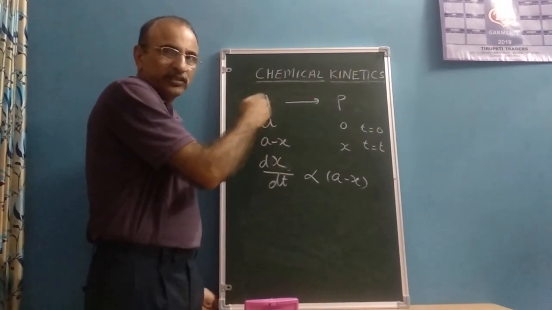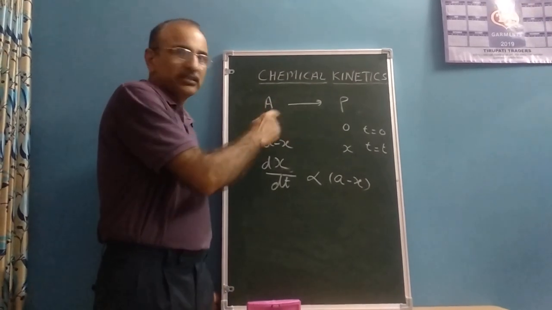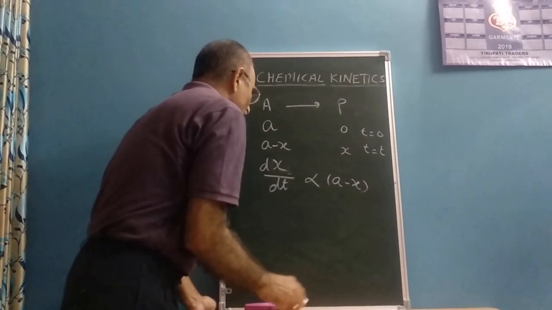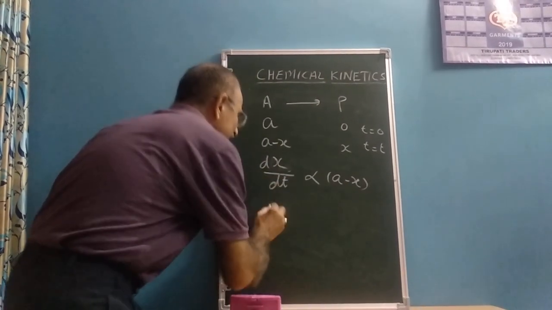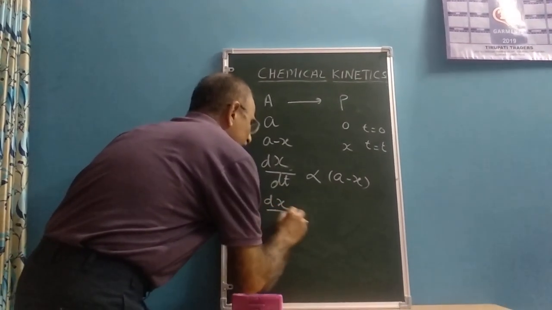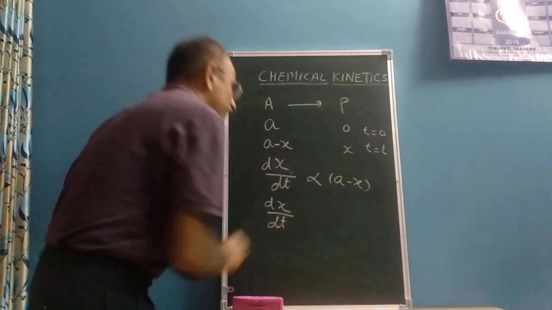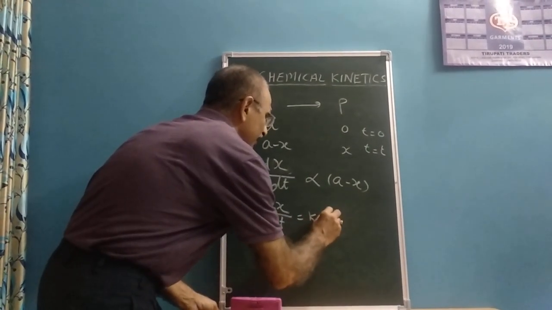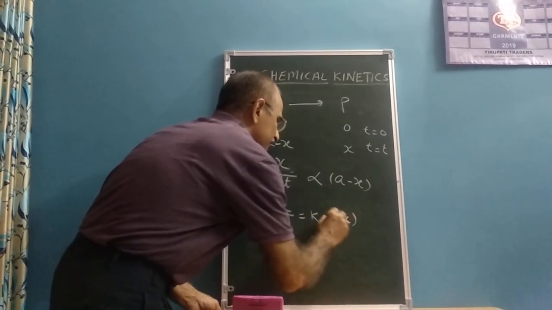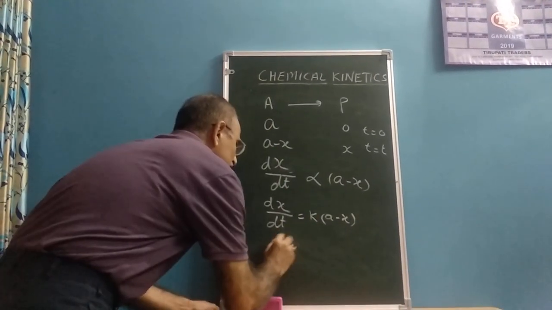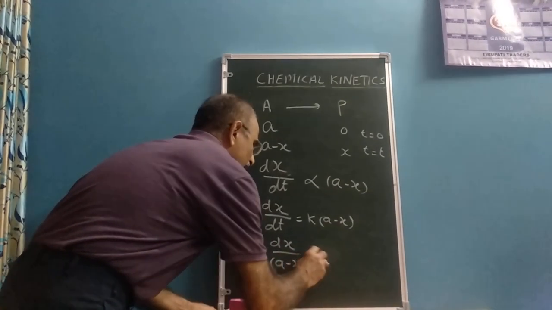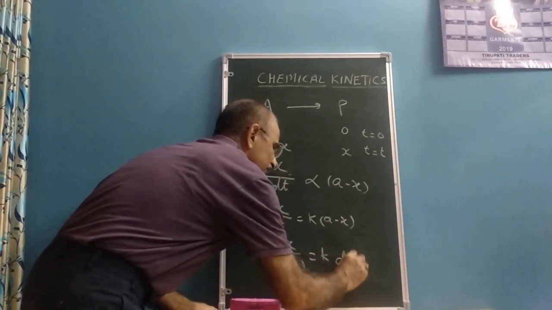This is as per the concept that as time passes, the amount of reactant tends to decrease. Now we have to equate it with a constant of proportionality k, so dx by dt equals k times A minus x, or transferring, dx by A minus x equals k dt.